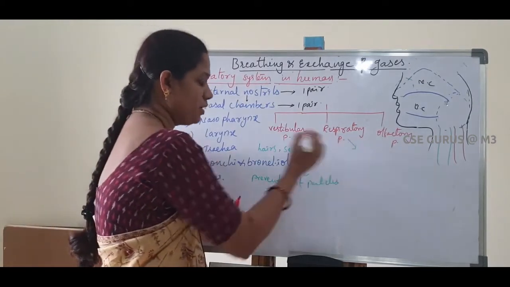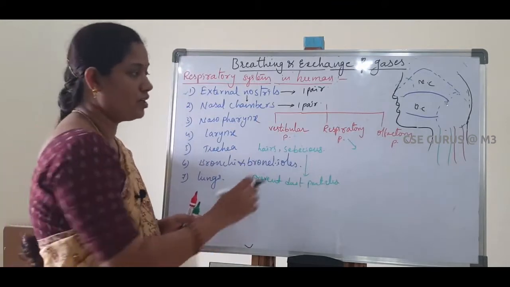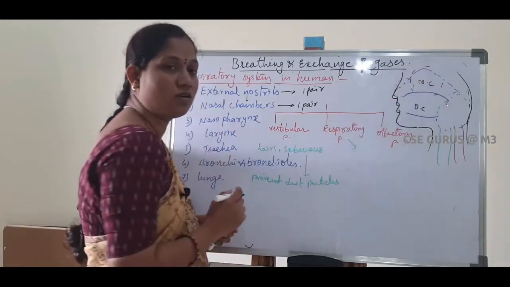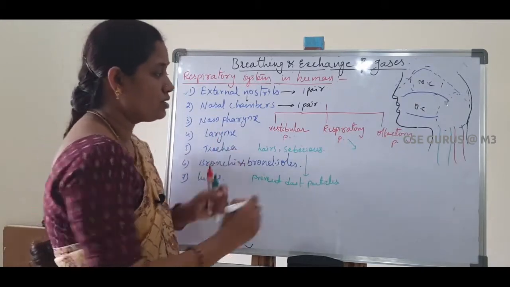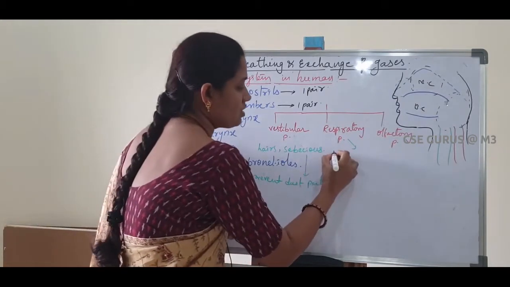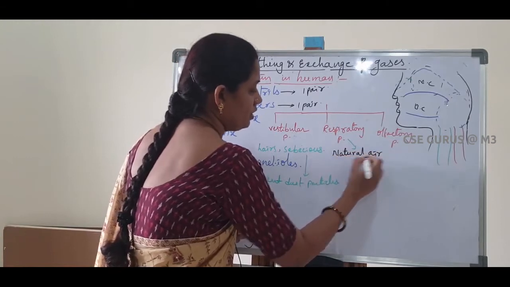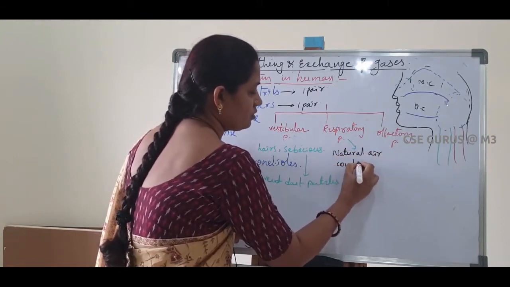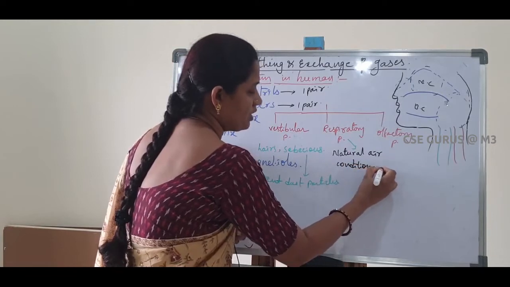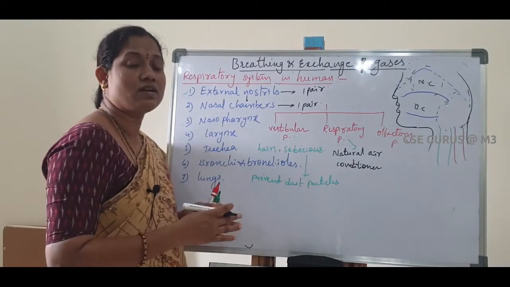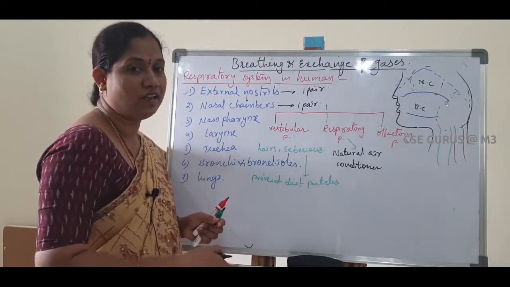Next, respiratory region. The middle portion of the nasal chamber is called the respiratory region. It acts as a natural air conditioner, which means it controls the temperature of inhaling air.